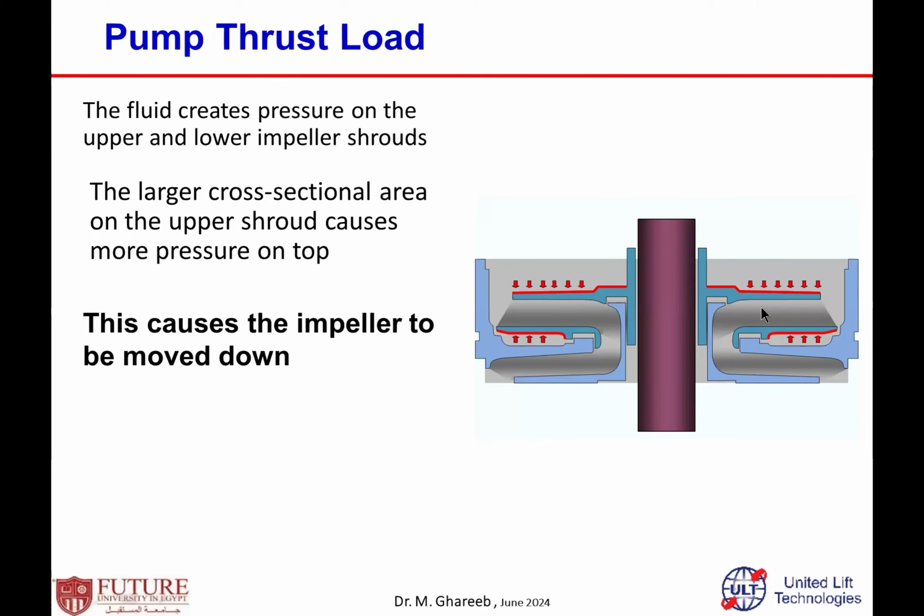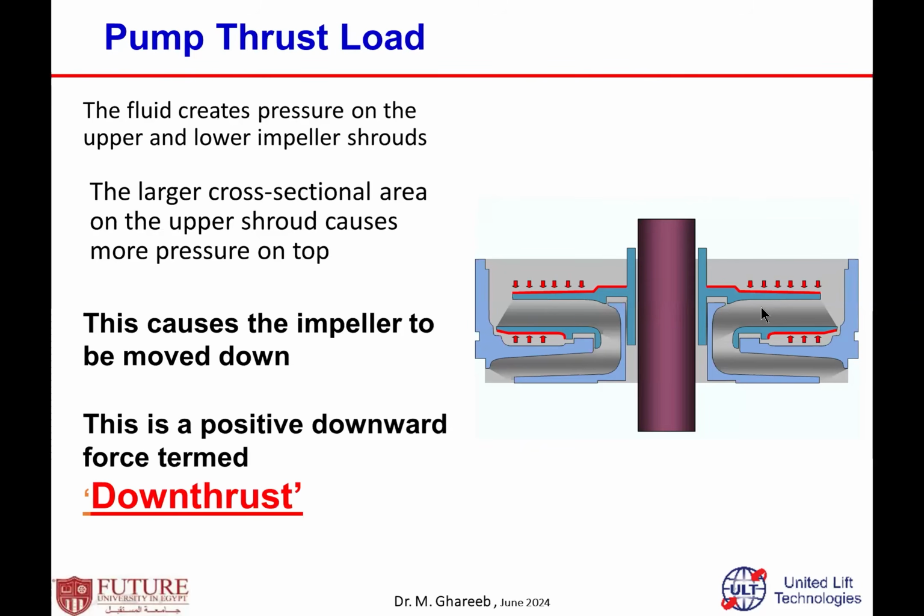If pressure increases more and more, this will force the impeller to go down. This downward movement creates what we call down thrust. Remember I said the pump stage has three main components: impeller, diffuser, and a thrust washer between the two.